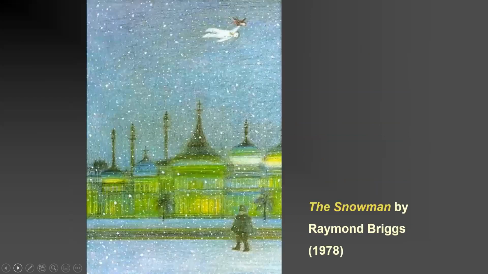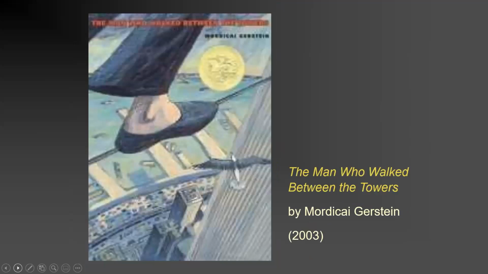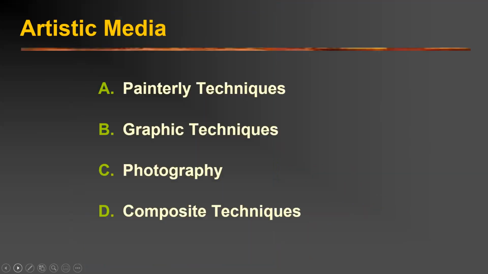Halimbawa, sa mga picture storybooks, usually nasa baba yung text. But sometimes, the text is around the middle or on top of the picture, depending on the purpose of the creator of the book. Okay?